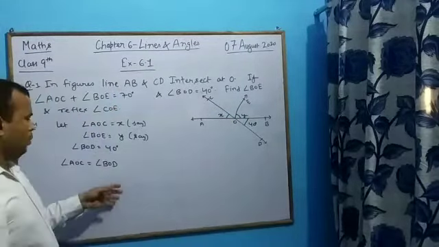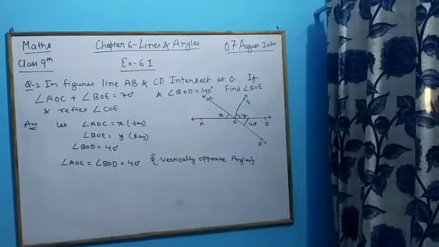Both are related by which property? They are vertically opposite angles, and so both are equal. So I can say that angle AOC is equal to angle BOD, equal to 40 degrees.